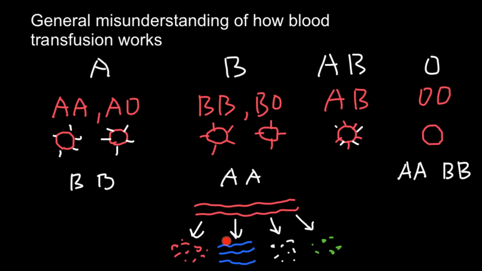And who may need this portion of the blood, the liquid portion of the blood? People who are dehydrated, for example. This can be sportsmen who lost a lot of weight through sweating; they may need this portion of the blood because they have all the other components. They just lost a lot of water through sweating.